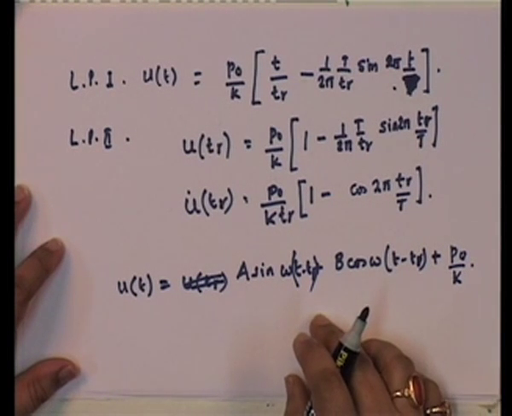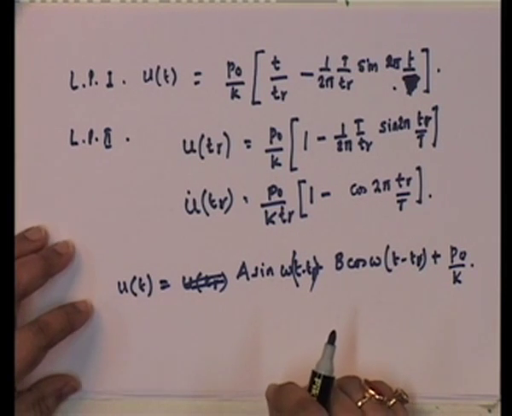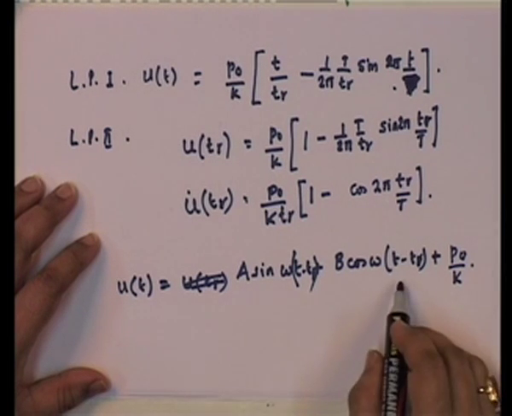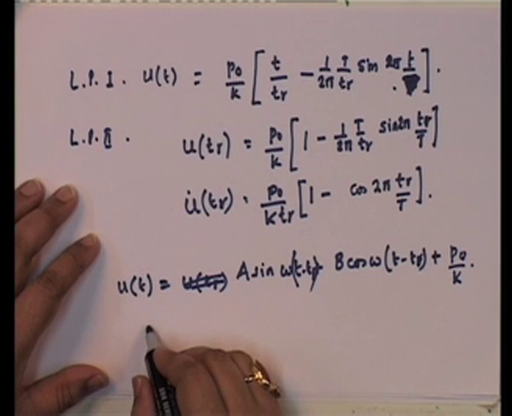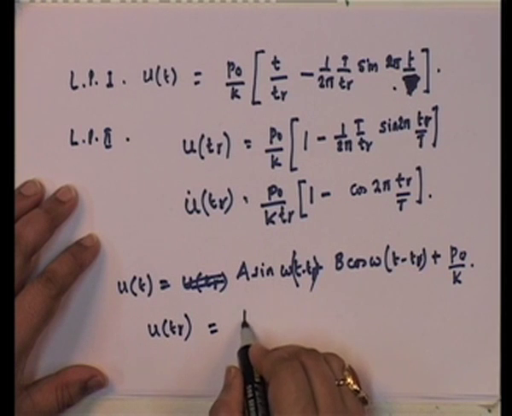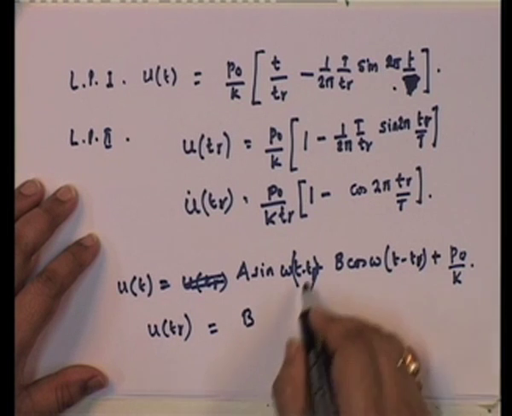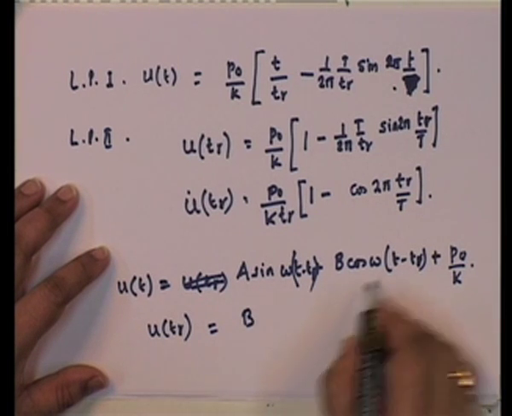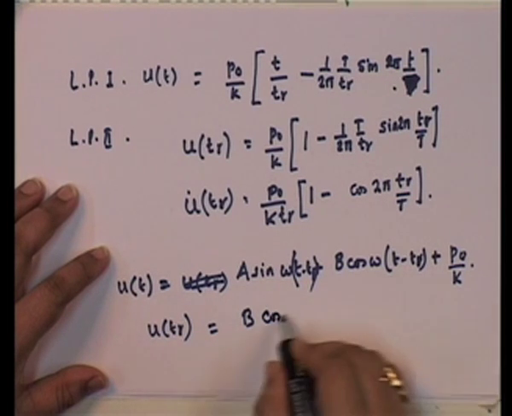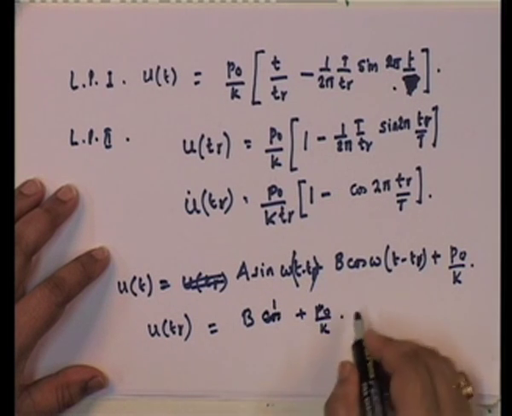I am writing it in this fashion purely to ensure that you get this. And so, therefore, what do I get? If I substitute in here, I get u(t_r) is equal to B. Note that sin of t minus t_r at t_r is going to be equal to 0. Okay, so, this is going to disappear. This is going to be B cosine omega t upon t_r, that is 1 plus p_0 by k.